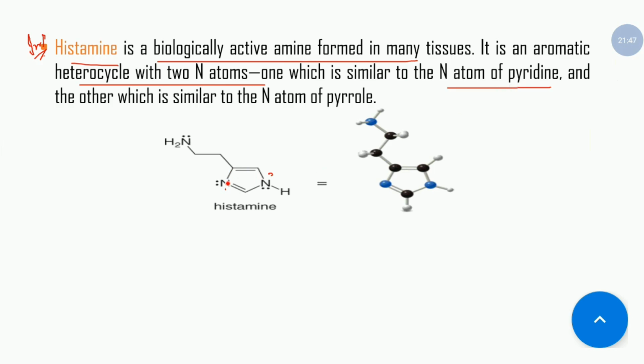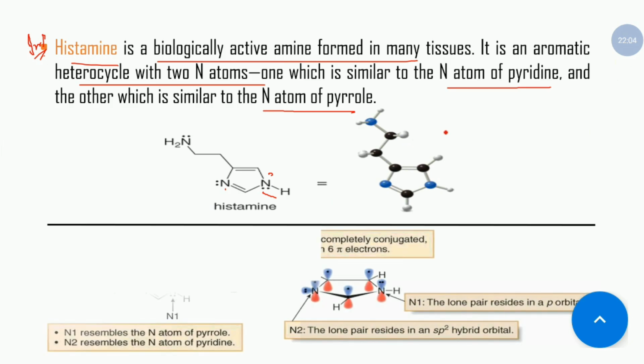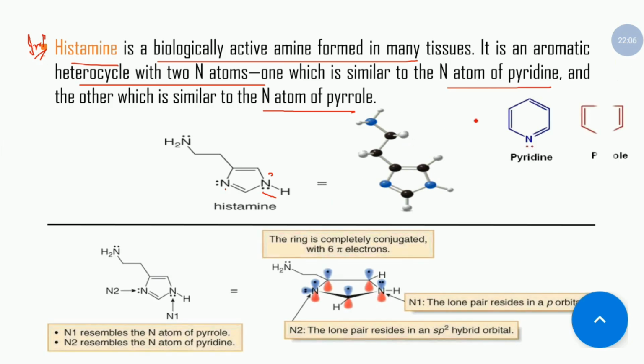To remember the structure of pyridine, just wait, I will give you the structure again. And it is also similar to the other nitrogen atom, that is pyrrole. Here it is. So it's a combination of two different structures, pyridine and pyrrole. You can see this similarity.